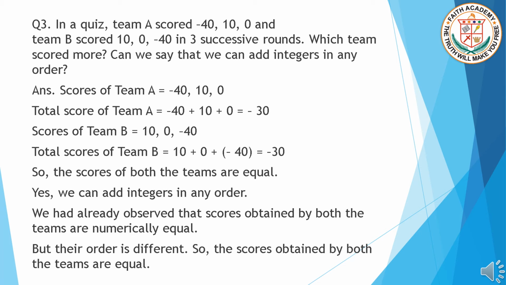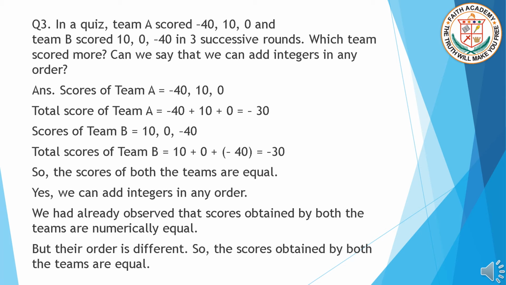So here also we have to find the total score. So total score of team B becomes 10 plus 0 plus bracket minus 40, and the sum comes out to be minus 30. Now as you can see, both the teams scored the same points, right? So it is minus 30 and minus 30.